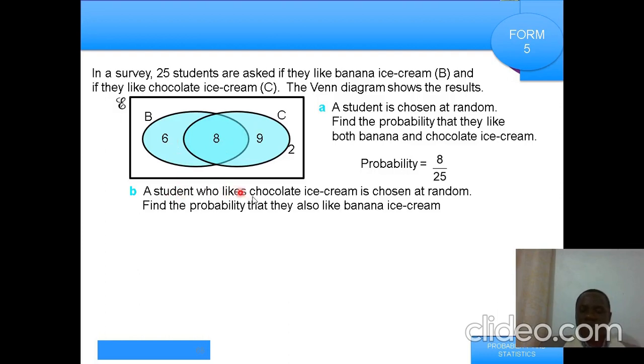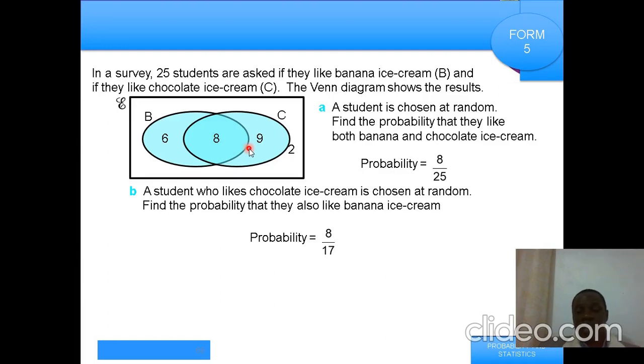So it says a student who likes chocolate ice cream. So from the entire chocolate set, we choose at random. So they are 17. Then we find the probability that they also like banana. So we get 8 like banana out of the 17 who like chocolate. So this would be 8 over 17, because it's this 8 over both 8 and 9.